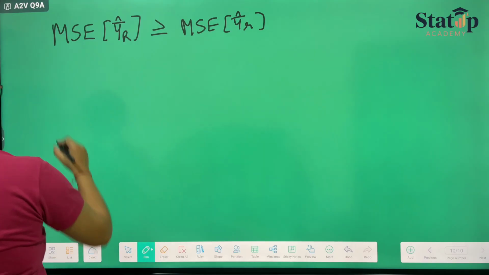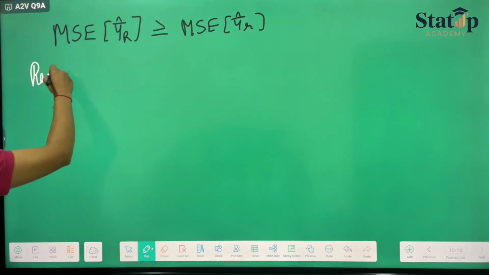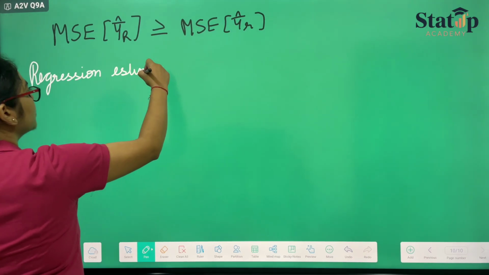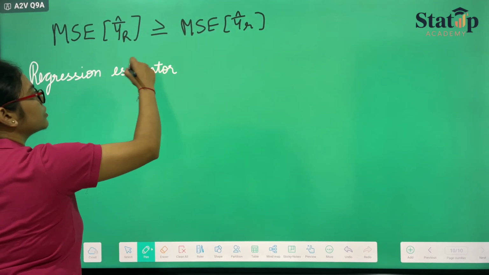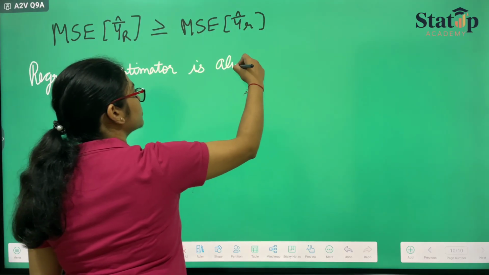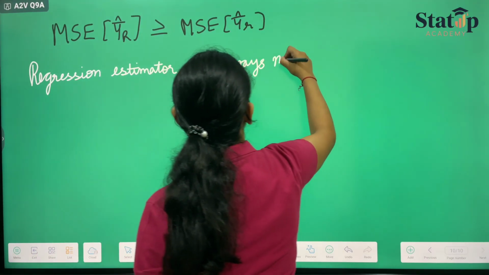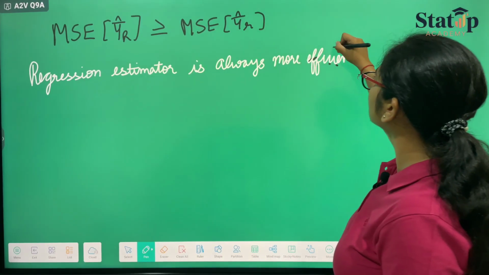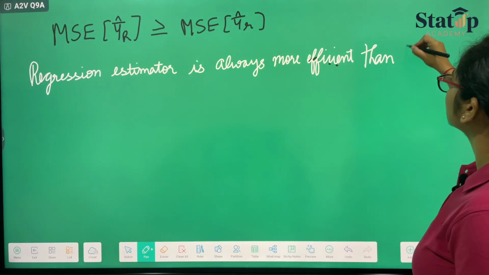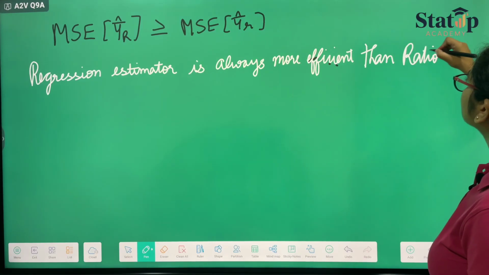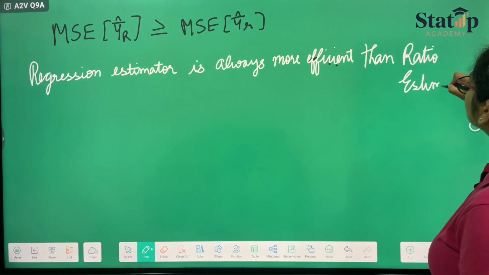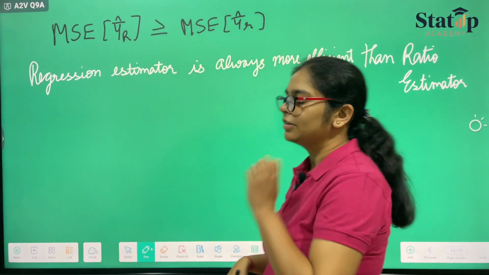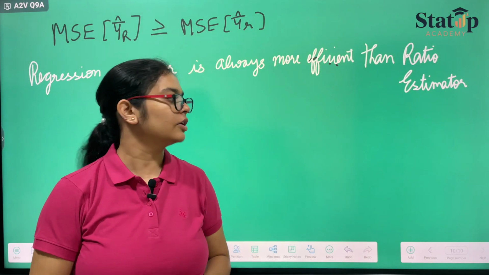And hence we can say that regression estimator is always more efficient than ratio estimator. This was the comparison between regression estimator and ratio estimator.